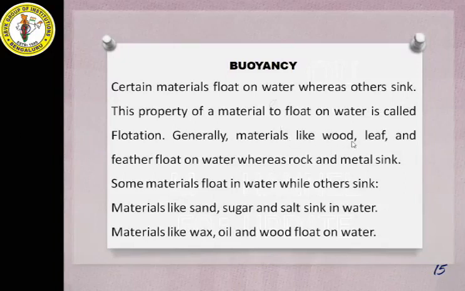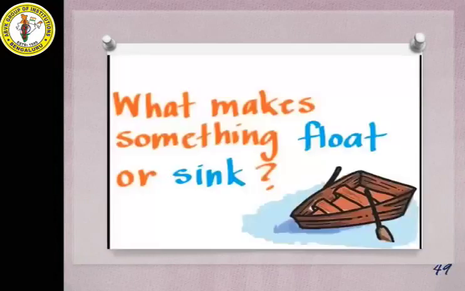Generally, materials like wood, leaf and feather float on water, whereas rock and metal sink. Some materials float in water while others sink. For example, materials like sand, sugar and salt sink in water. Similarly, materials like wax, oil and wood float on water. So this is all about buoyancy.